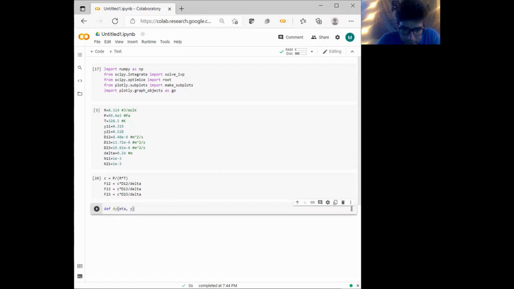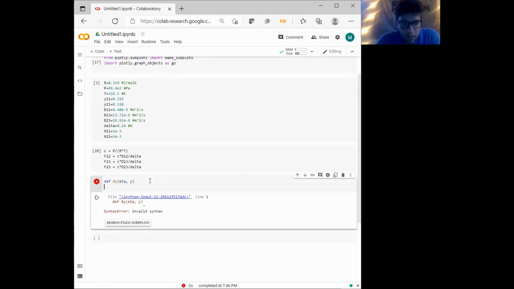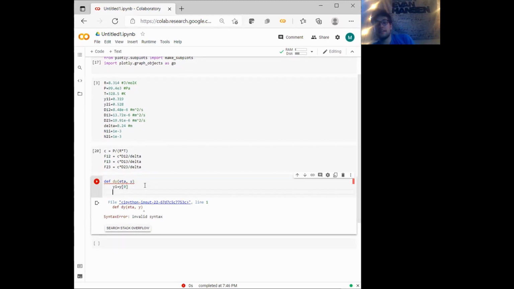So knowing that, I'm going to define our dependent variables. So y1 is equal to y of 0, because our indexes start at 0 in Python. If our indexes start at 0, then our first term would be acetone, which would be y1, the mole fraction of acetone.